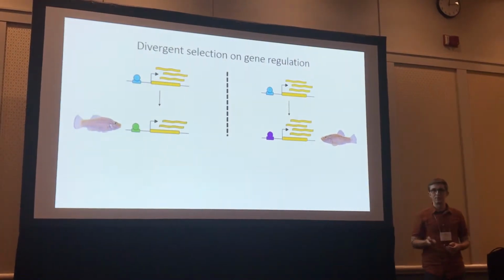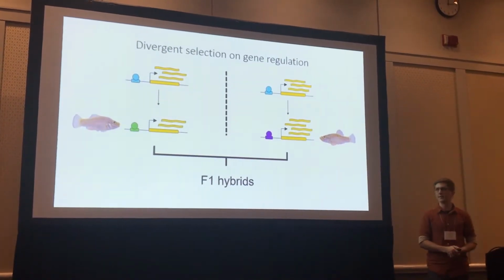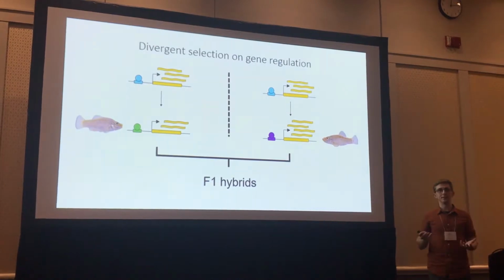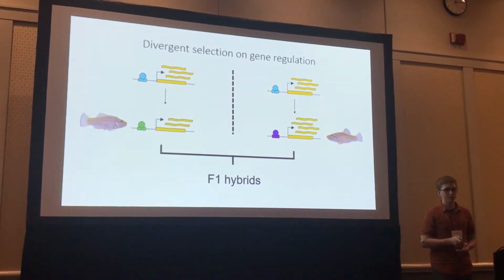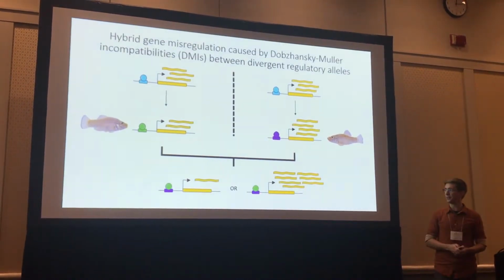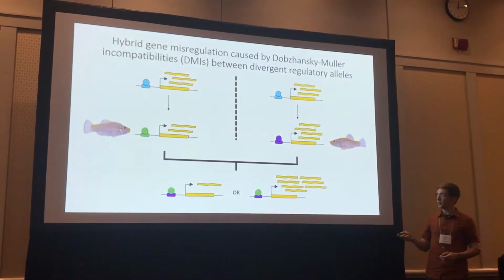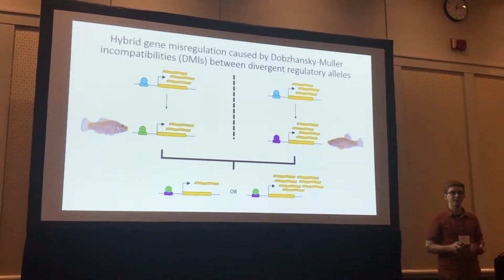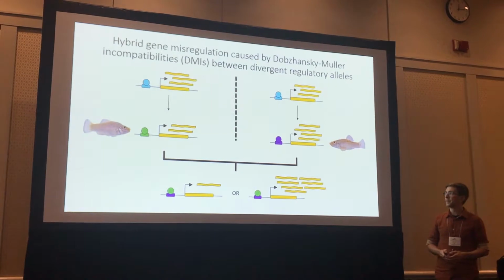And if these divergent populations come together to form F1s, these co-adapted alleles can become decoupled, potentially leading to expression levels in F1s that are much lower or much higher than expression that we see in parental populations.